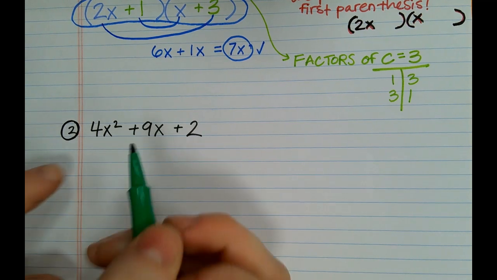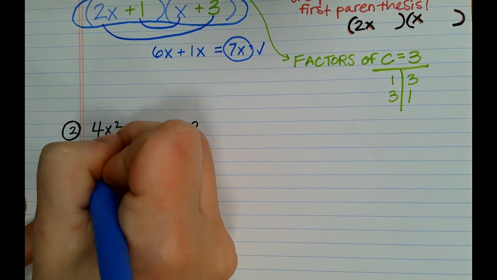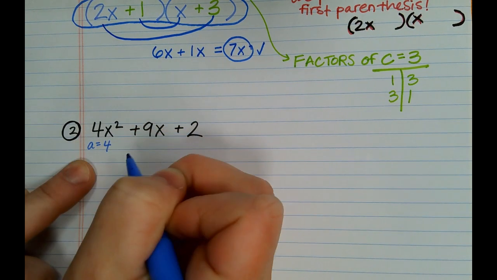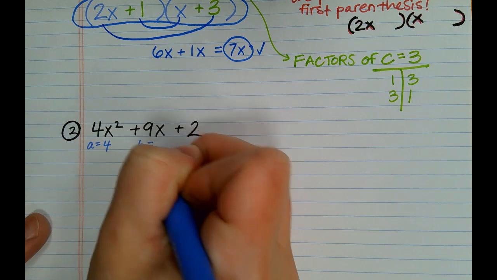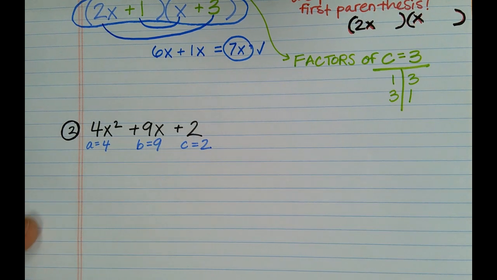So first of all, what's our A, B, and C? 4, 9, and 2. Good. A is 4, B is 9, C is 2.